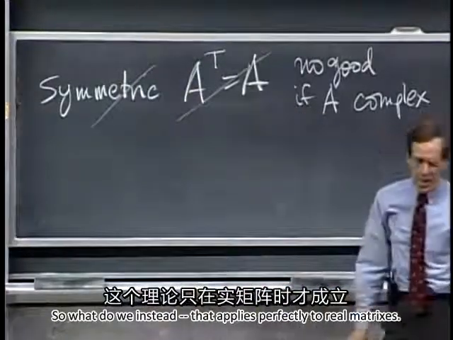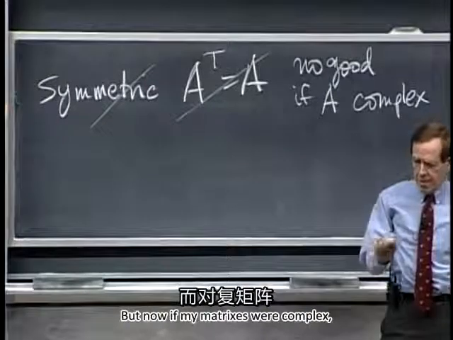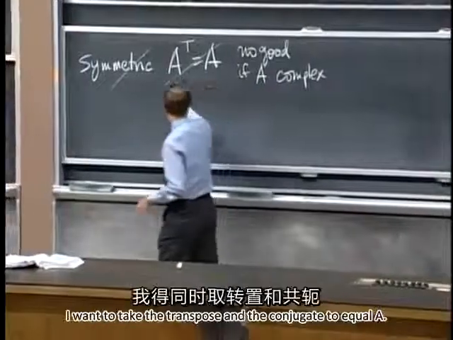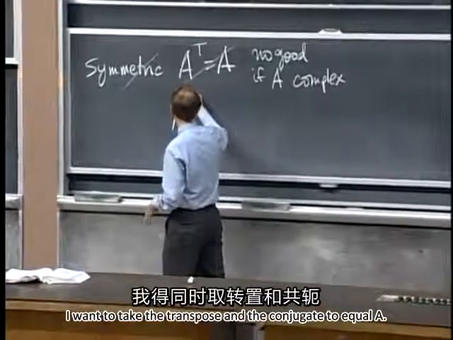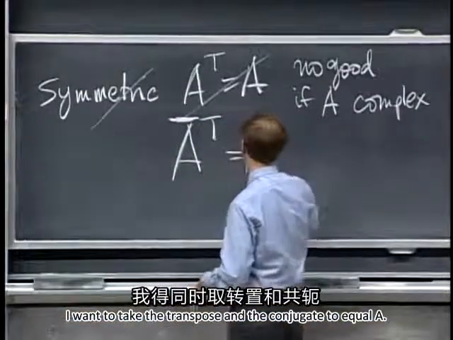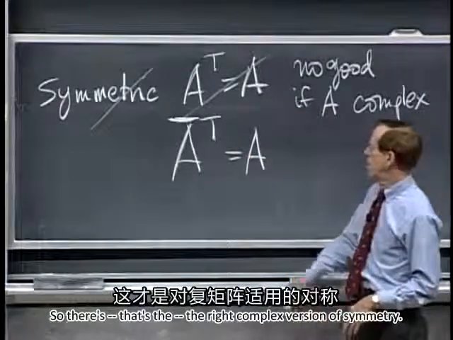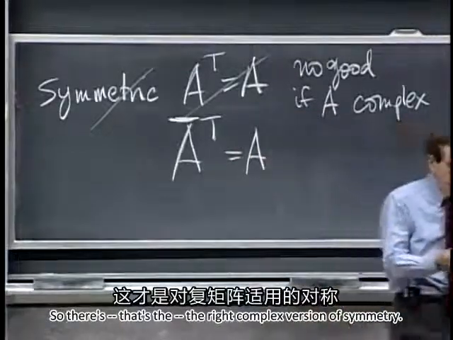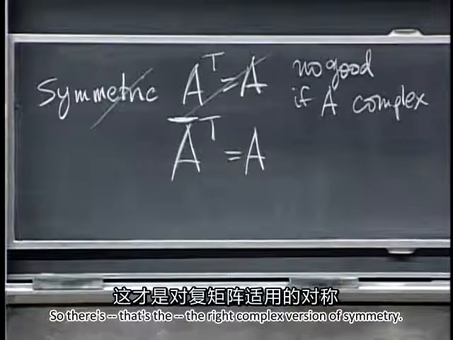That applies perfectly to real matrices. But now if my matrices are complex, I want to take the transpose and the conjugate to equal A. So that's the right complex version of symmetry.